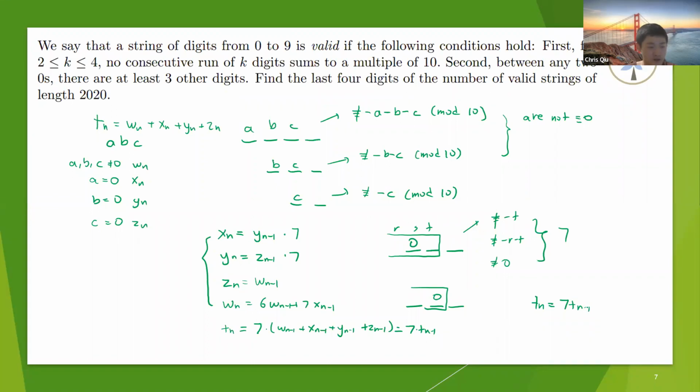We want to find, say, T3. Because, of course, throughout the steps that we've gone through so far, we're assuming that our valid string has at least 3 digits. The third to last, the second to last, and the last. So we cannot start with something that's T2 or T1. We must start with T3 or T4 or something larger.